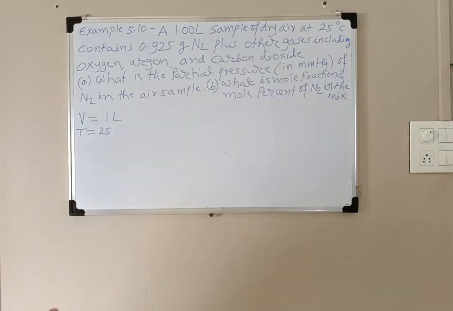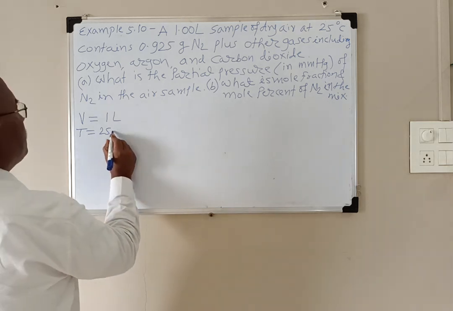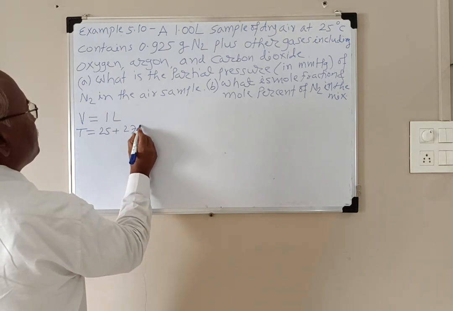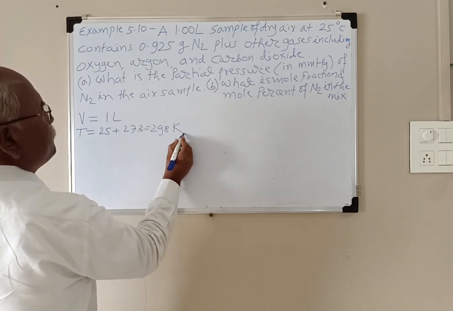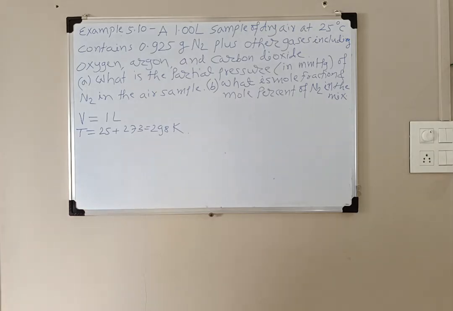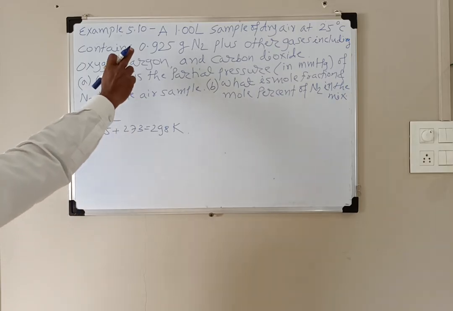Convert degree centigrade into the Kelvin scale, plus 273, that is equal to 298 Kelvin. The weight of nitrogen is given.